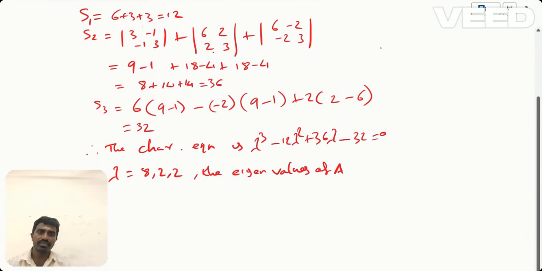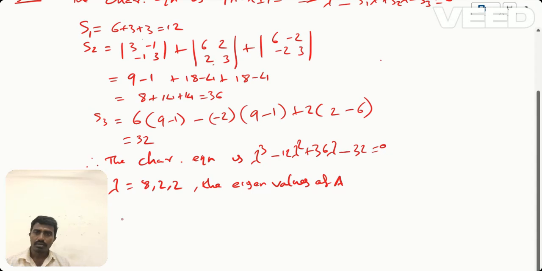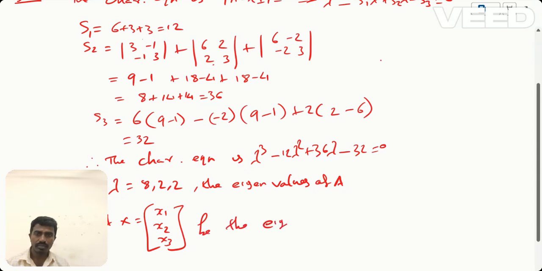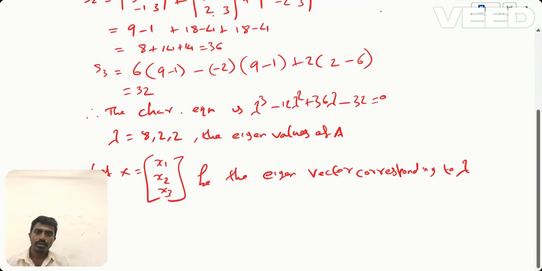Next we need to find the eigenvectors. Let x equal to x1 x2 x3 be the eigenvector corresponding to lambda, the eigenvalue. Therefore, A minus lambda I into x equal to 0.